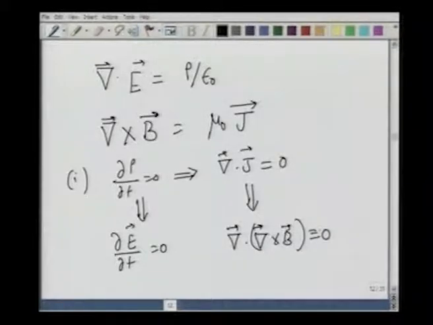So, we are home, there is no problem at all. The real problem will start when ρ is a function of time. There is a time dependent charge density, and there is an associated time dependent current density.